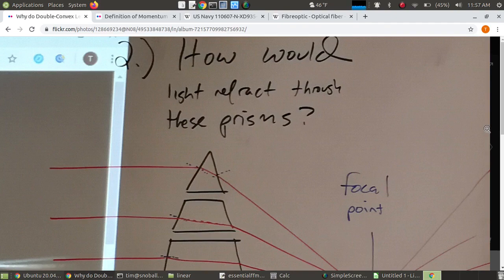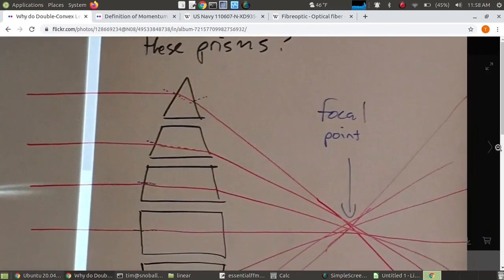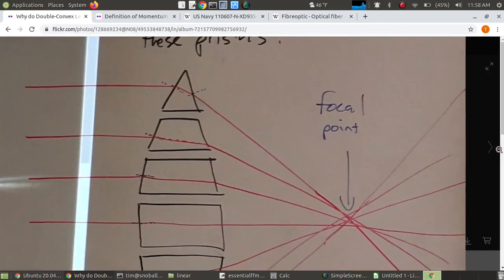And then it's exiting and bending away from the normal. But if you start to have different shapes, you can actually send each beam of light in a slightly different direction. And notice I've sent all of these beams of light so that they seem to converge on a single point, which is called the focal point. All of these prisms stacked together make what we call a lens.